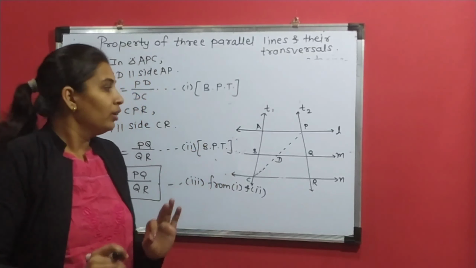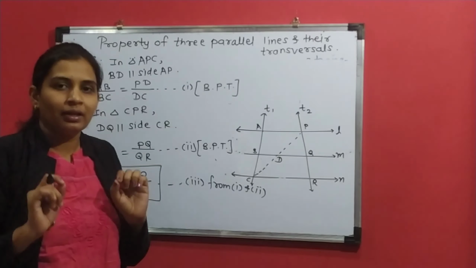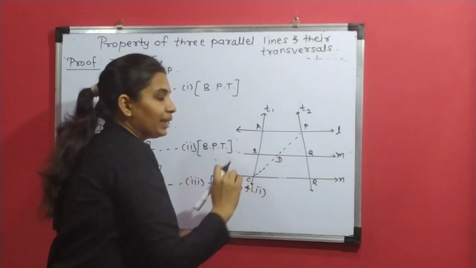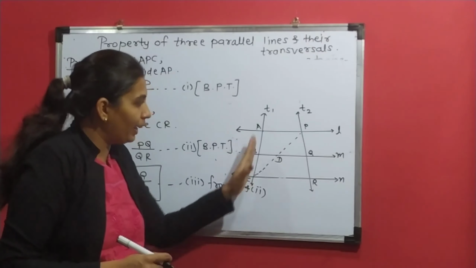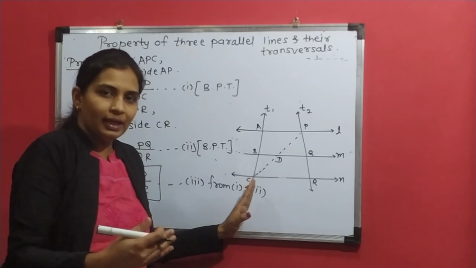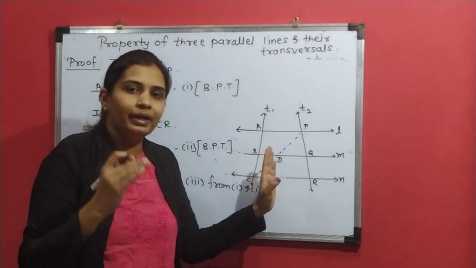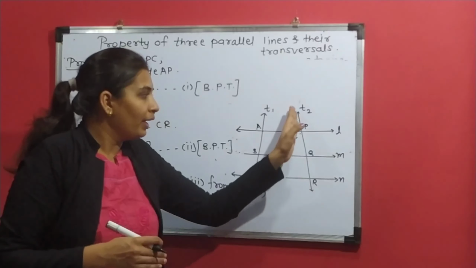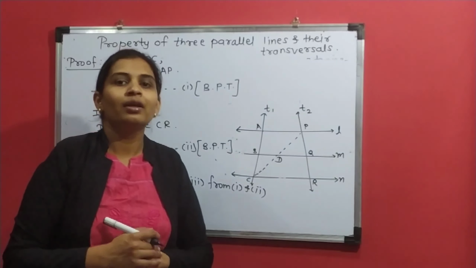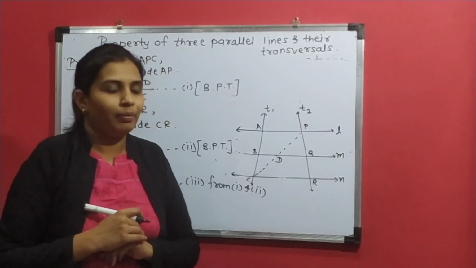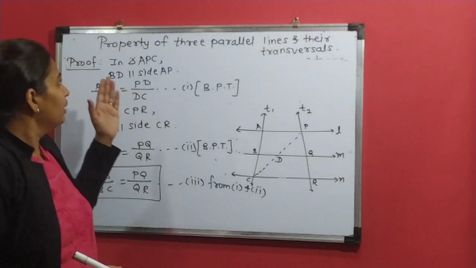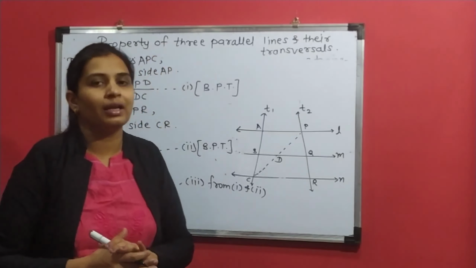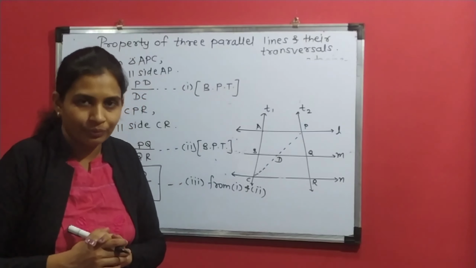It means that the theorem indicates that the intercepts made on three parallel lines by any transversal are proportional to the intercepts made by any other transversal on the same parallel lines. Okay. Now students, this is the property of three parallel lines and their transversals.